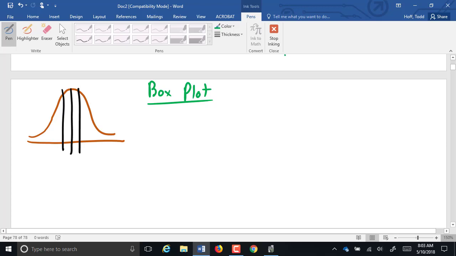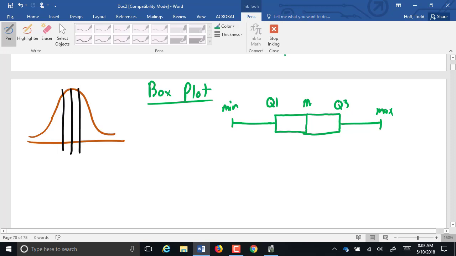What the box plot does is it takes the smallest number, the minimum, at the end of a whisker. Then it takes that first quarter to the median or the second quarter, up to the third quarter, and then up to the largest number, the maximum.